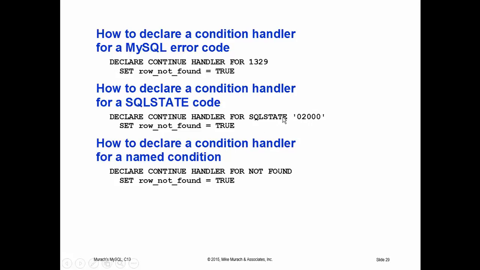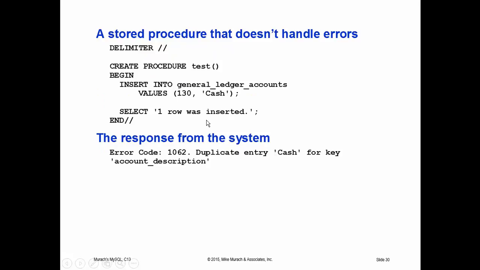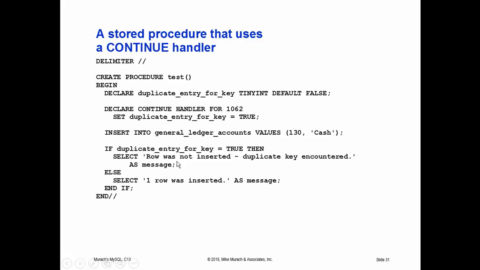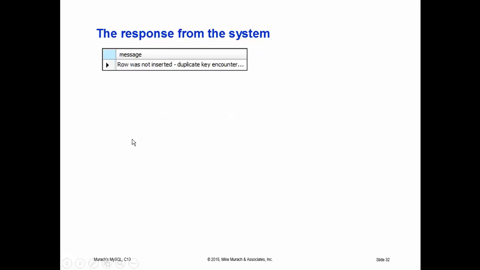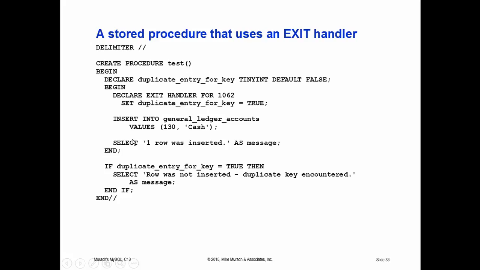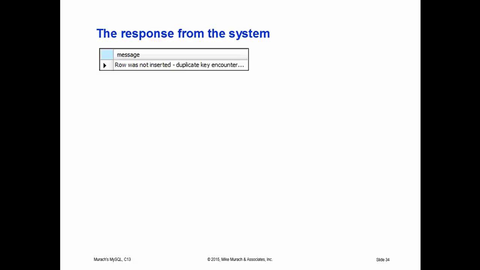If that kind of error comes up, this is what I want to have happen, etc. If you don't handle the error yourself, typically, as it says right there, the system will take over, as it does in other languages, and the program will just stop. You can have a continue handler, which basically says, yes, I know that there's going to be an error, but just keep going anyway. And you can have an exit handler, which allows you to exit gracefully from the system.